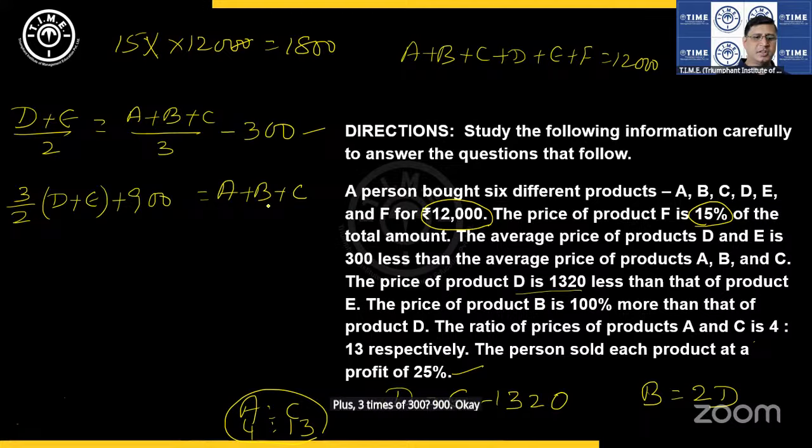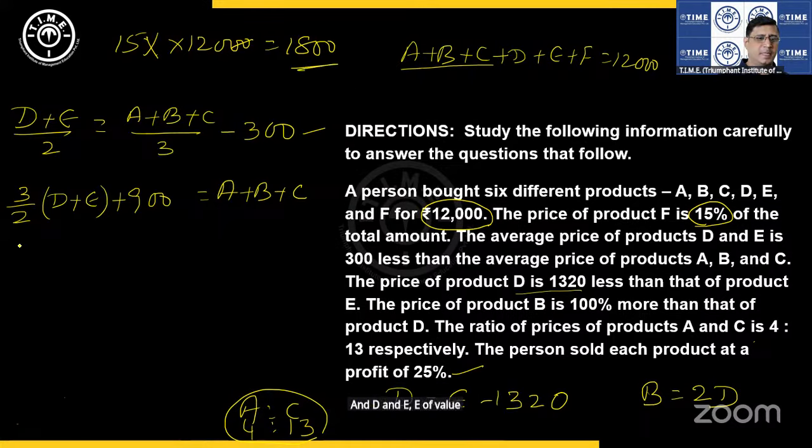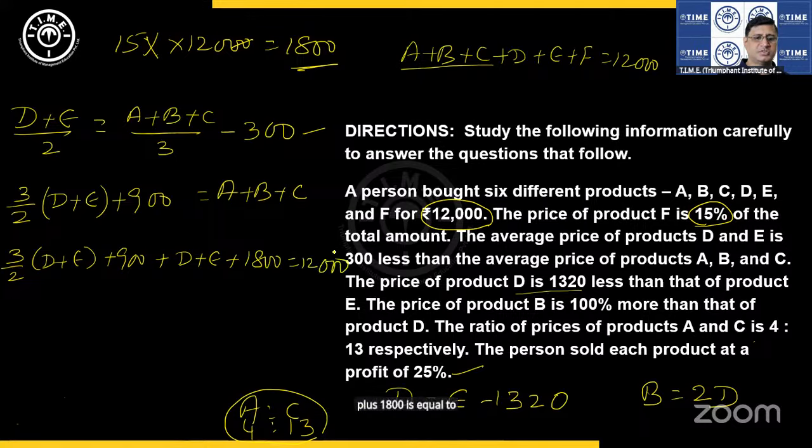Okay. Now for A plus B plus C, you just substitute this value. And the EF value is equal to 1800. So 3 by 2 of (D plus E) plus 900, that is the A plus B plus C value, plus D plus E plus 1800 is equal to 12,000 rupees.